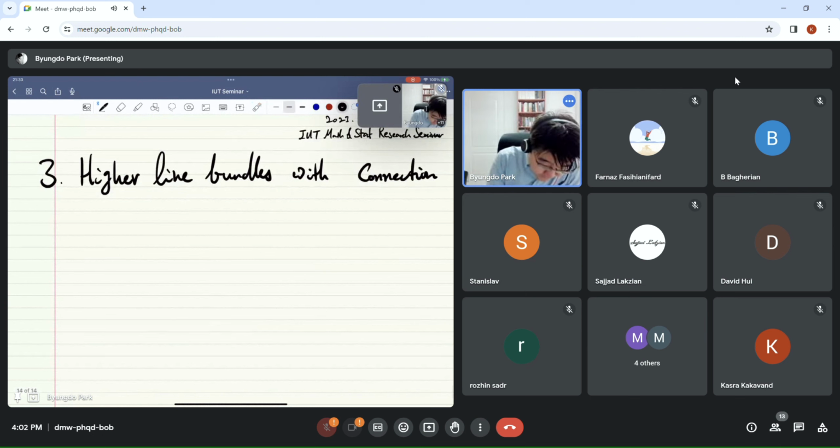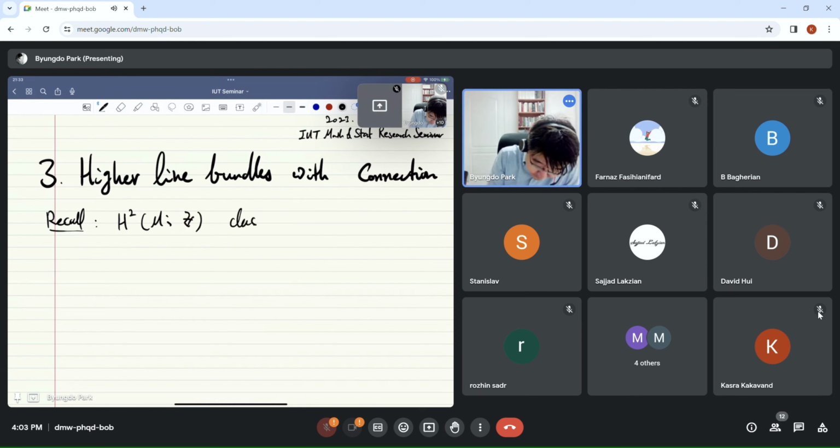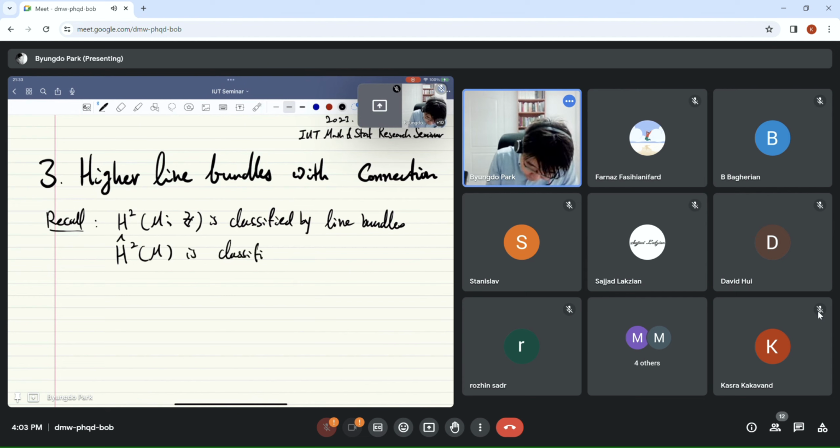So today, if I summarize these, H2 of M with integral coefficients is classified by line bundles, and H hat is classified by line bundles with connection.